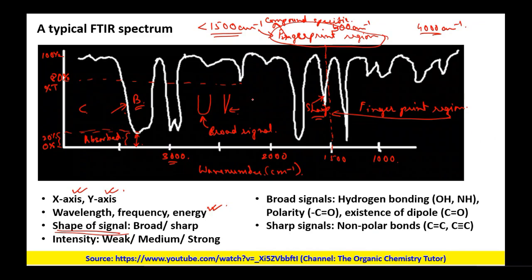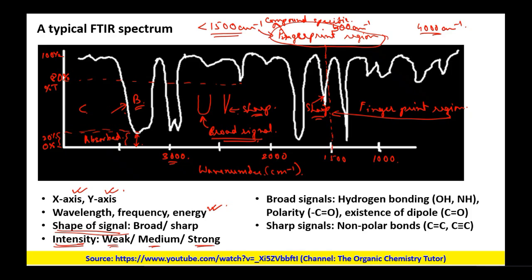If it is a V-shaped peak, then it is a sharp signal. Then intensity wise, intensity means the intensity of the peaks, they can be categorized into three types: weak, medium and strong.